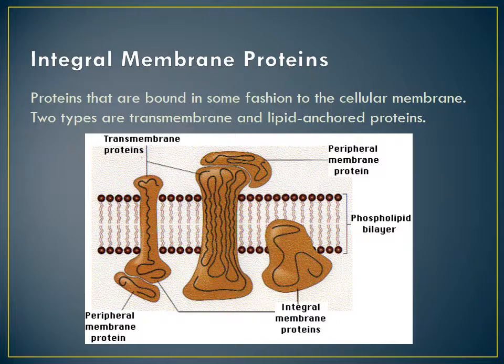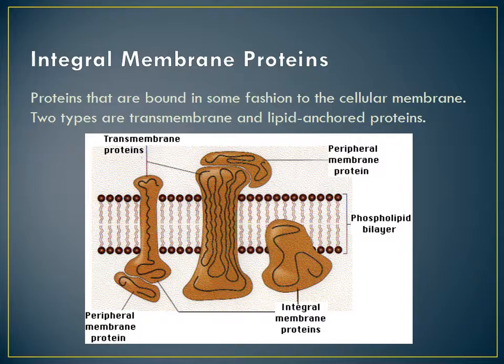Within the membrane, you have different types of proteins. You have integral membrane proteins and peripheral membrane proteins. Integral membrane proteins are integrated into the membrane. Integral are in the membrane. Here, you've got the center one is an integral transmembrane protein. It goes all the way across. And it's integral because it's integrated into that phospholipid bilayer.